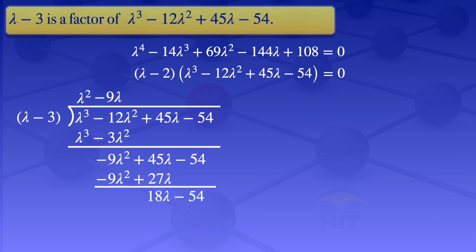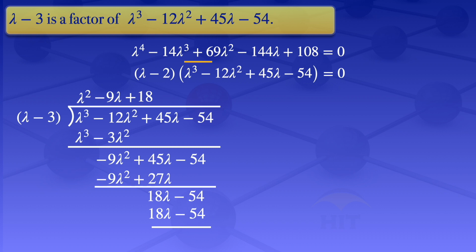Then write the minus 54 as it is there. The leading term now is an 18 lambda. We divide it by lambda and we get an 18. So I'll write plus 18 there. Multiply the 18 by lambda minus 3 and we'll get 18 lambda minus 54. And when you subtract, we would have a 0. So we would have found the other factor there.